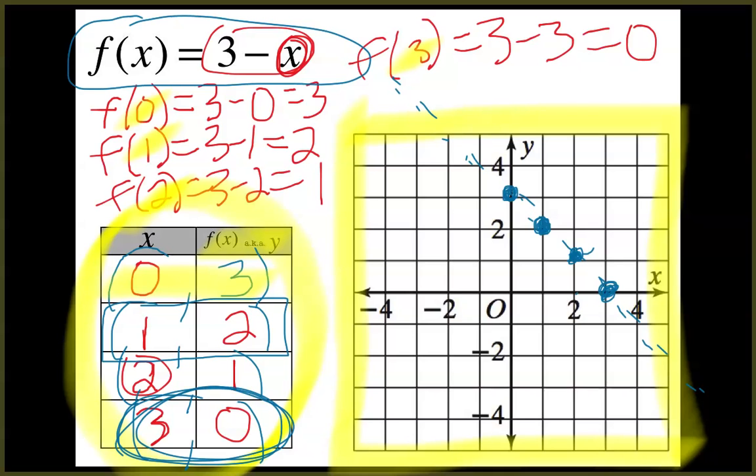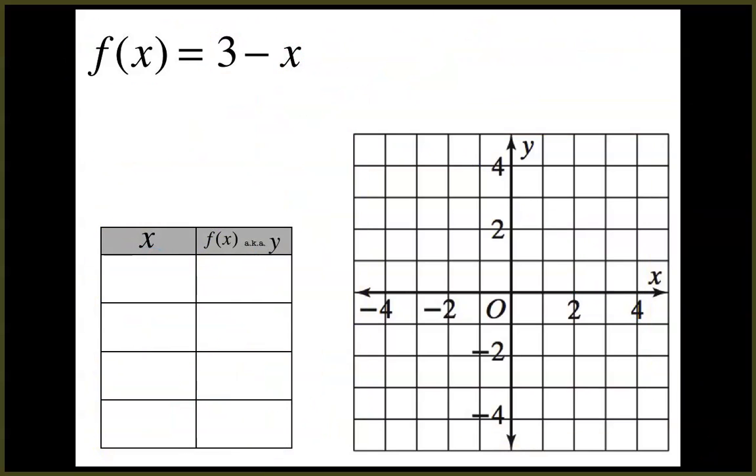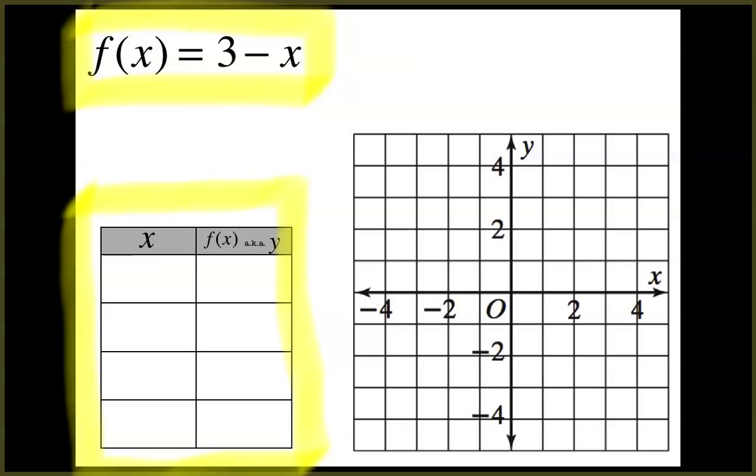So to graph a function, all you have to do is look at the function, plug in some inputs, get some outputs, and then plot those points on a graph. Pretty simple.